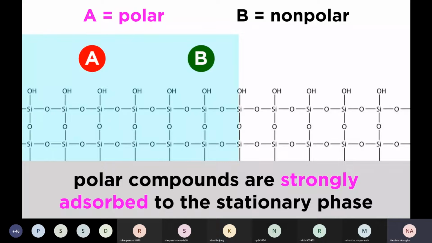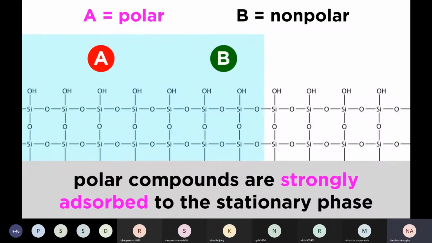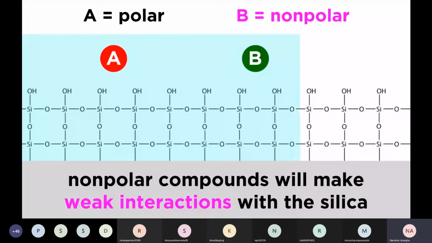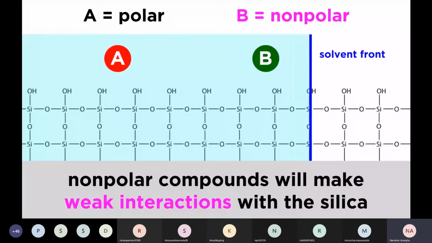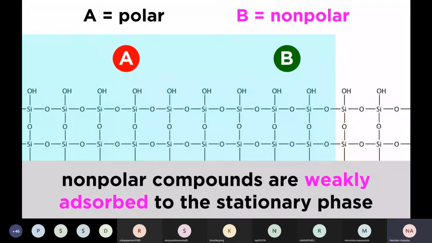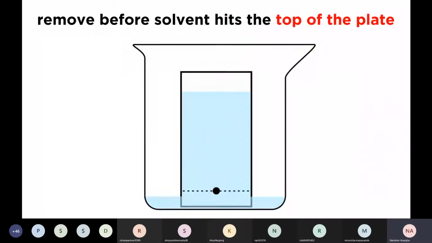This will cause it to move more slowly along the plate, almost as though the interactions make it sticky. A substance that is largely nonpolar will not interact very well with the stationary phase, and will instead move along the plate very close to the solvent front. We can say that this substance is weakly adsorbed to the stationary phase.